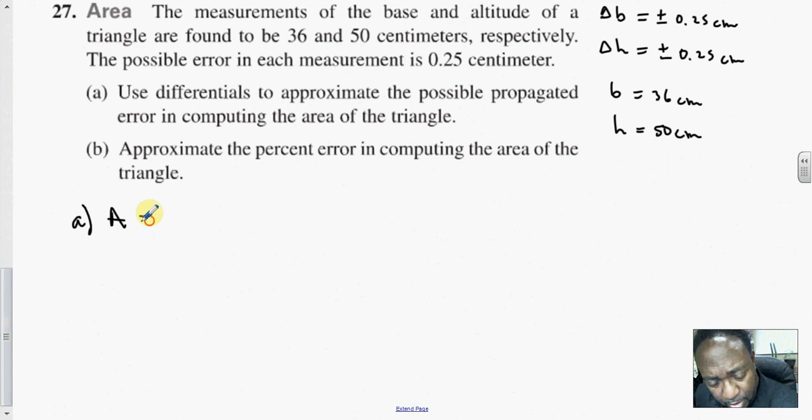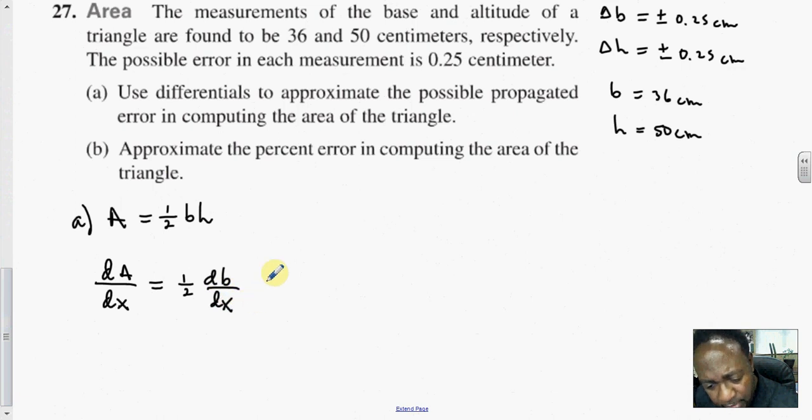Well, the area of a triangle is 1/2 times the base times the height. So we find the derivative. This is dA over dx is equal to 1/2 times the derivative of b, so we just say db over dx times h, plus 1/2 times b times the derivative of h, dh over dx.